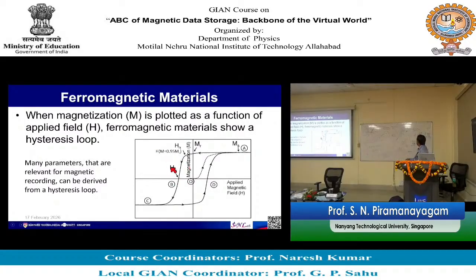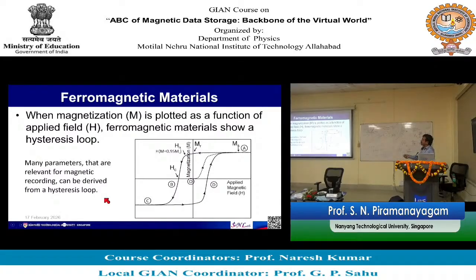If I increase the magnitude of this negative field, again all the magnetization will be in the direction of my magnetic field, so it will saturate in the other direction. This is also MS, this is coercivity, and this is also coercivity, and this is remnants, and this is also remnants.